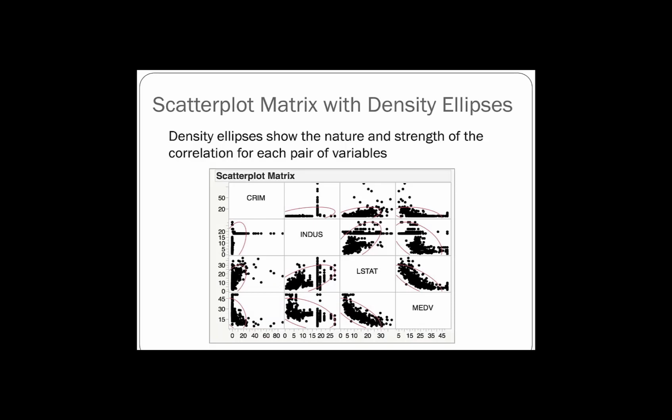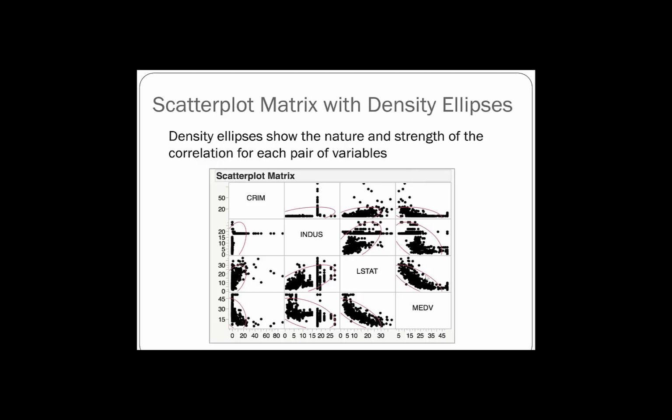This one is not breaking it down into particular values for another variable. Instead, we have the crime variable, indus, LSTAT, and median value. Median value in this row is always on the x-axis. Median value in this column is always on, sorry, I got that backwards, always on the y-axis here.